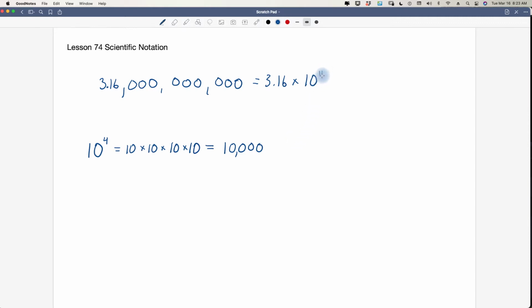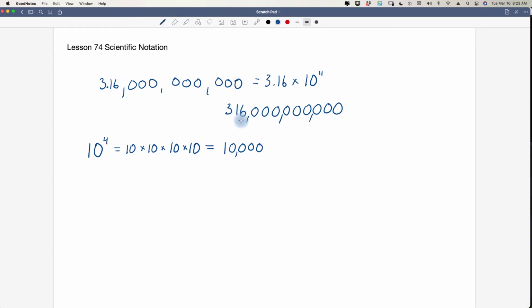And we know by looking at this that we would just take 3.16 and move this decimal 11 spaces. So 1, 2, 3, 4, 5, 6, 7, 8, 9, 10, 11, and then we would insert our commas where they need to go. That's the same number as this right here, right?